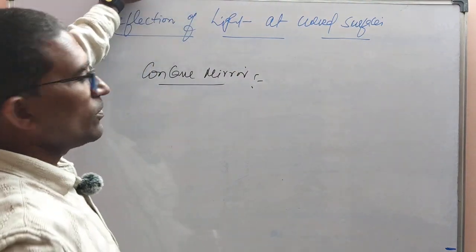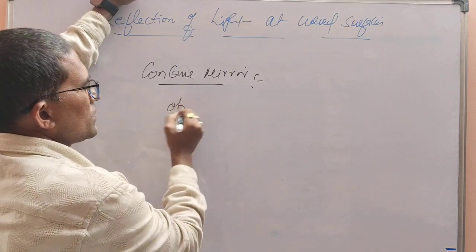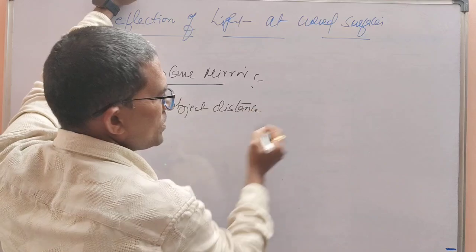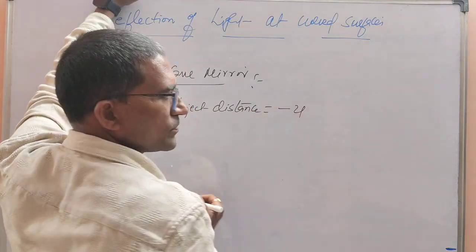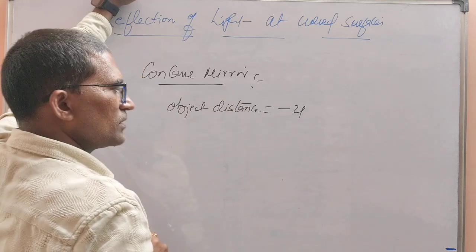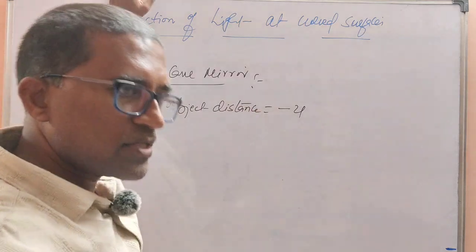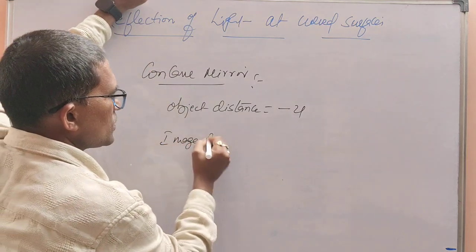In case of a concave mirror, the conventions used are: object distance is negative, that is minus u. It is negative because I will explain the reason for taking the object distance as a minus. And next one is image distance.